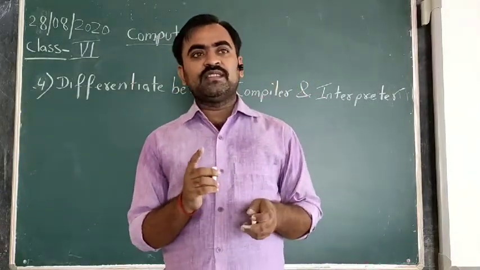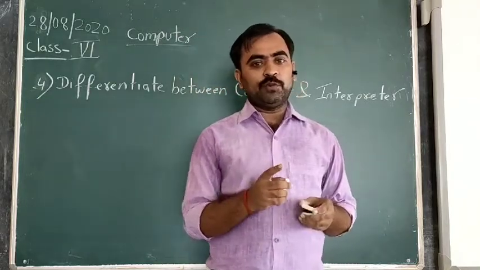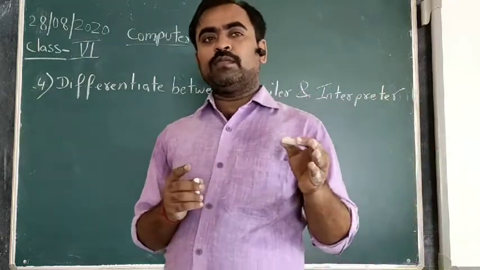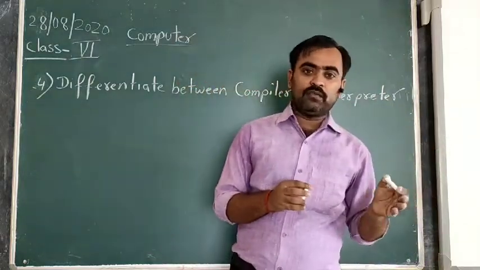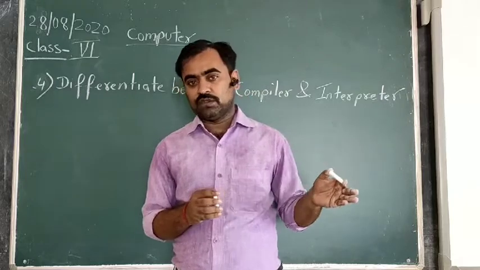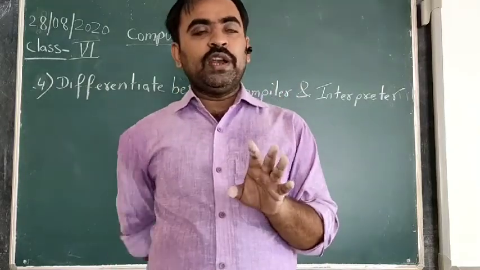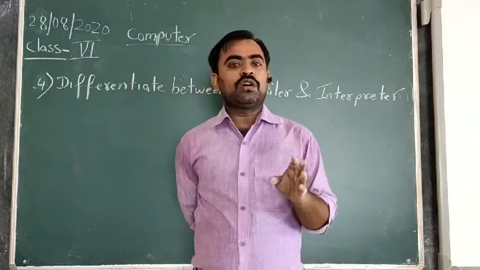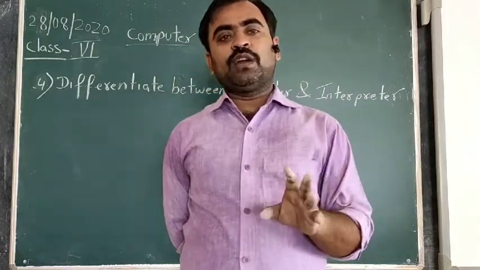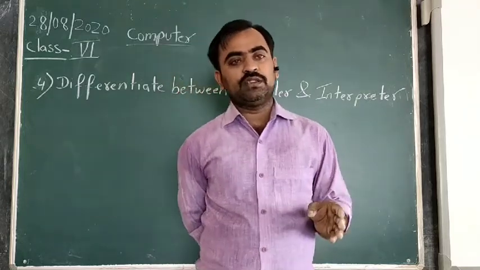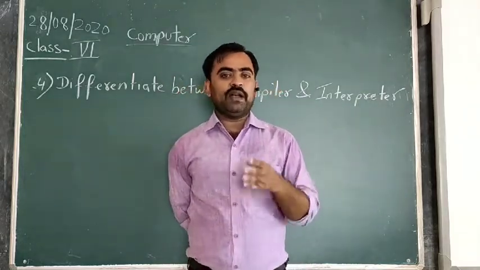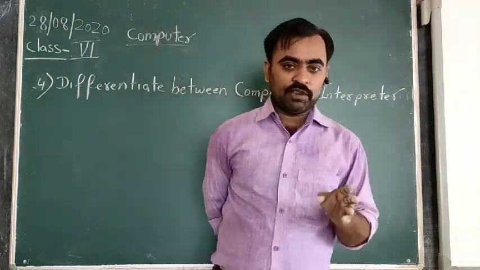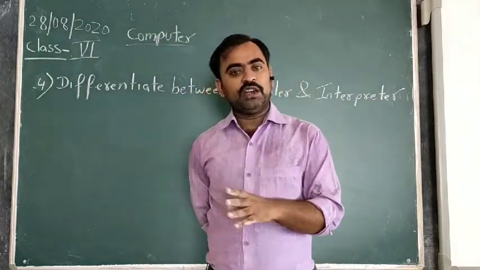The assembler is the only language processor which is used to convert assembly level programs, that is the second generation programming language, into machine language. Whereas the compiler and the interpreter both are used to convert high level language programs into machine level language.